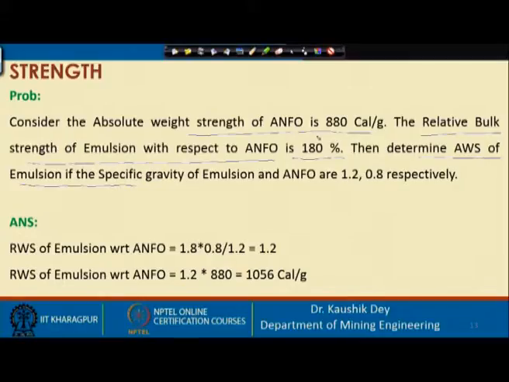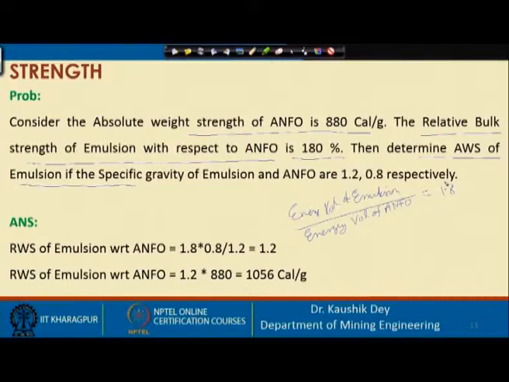It is given the weight strength of ANFO is 880 calorie per gram. Relative bulk strength of emulsion with respect to ANFO is given. That means, considering the energy obtained from the volume of emulsion and the energy obtained from the volume of ANFO, the ratio is equal to 1.8, that means 180%.